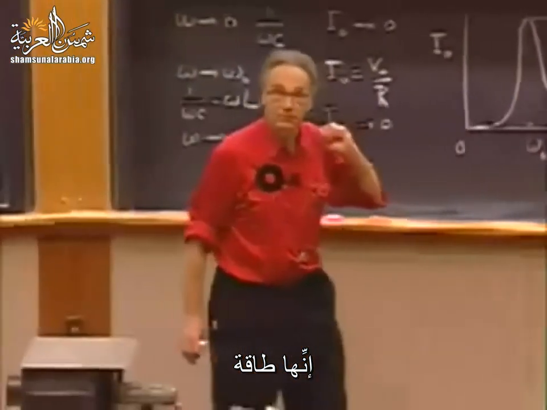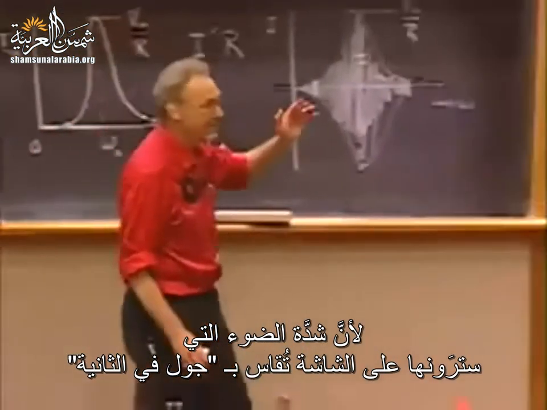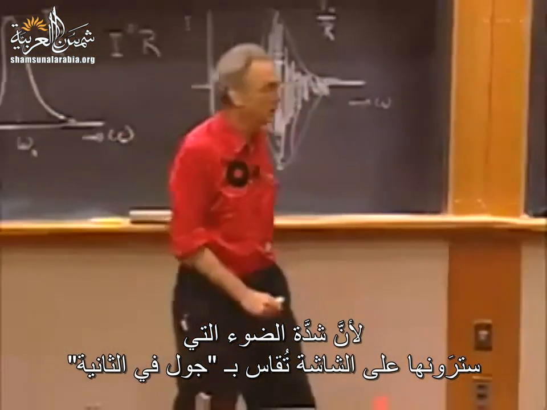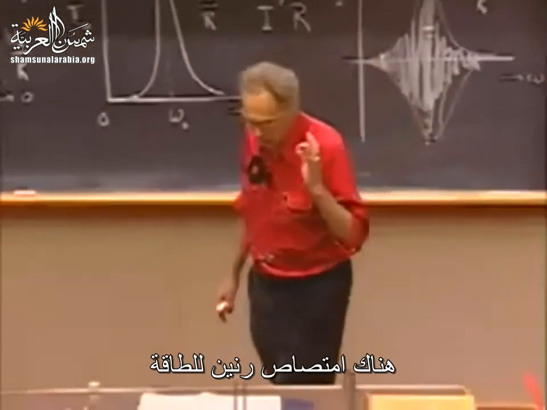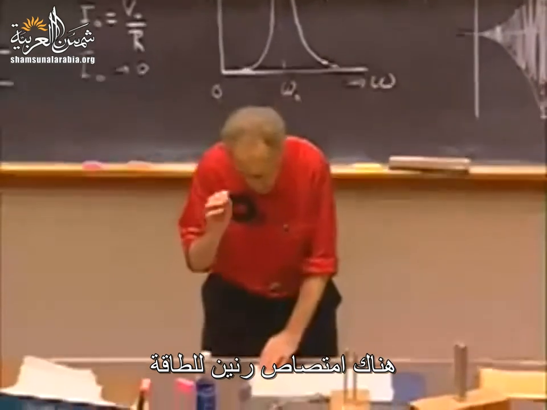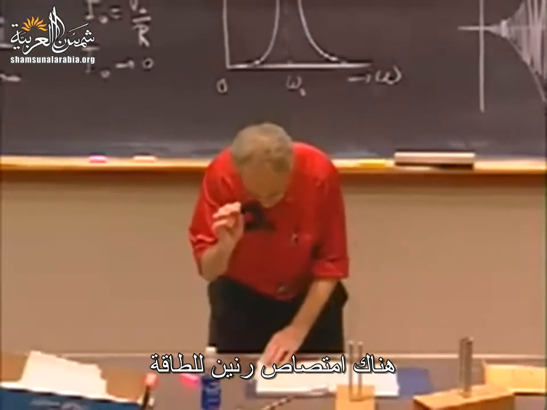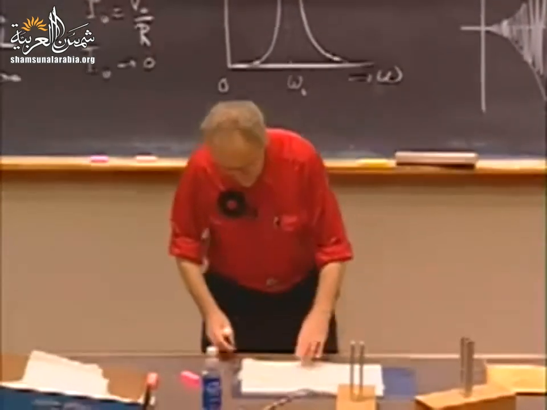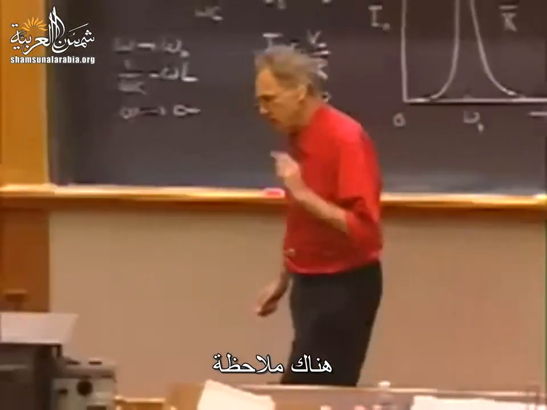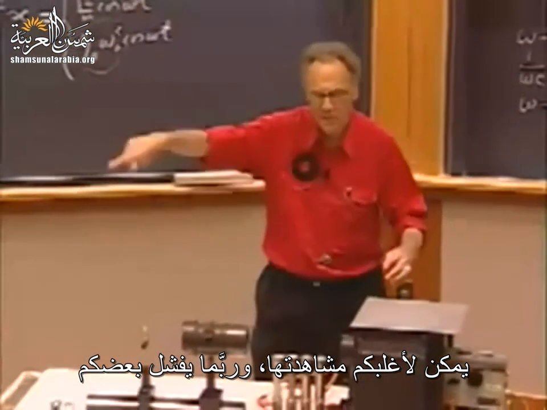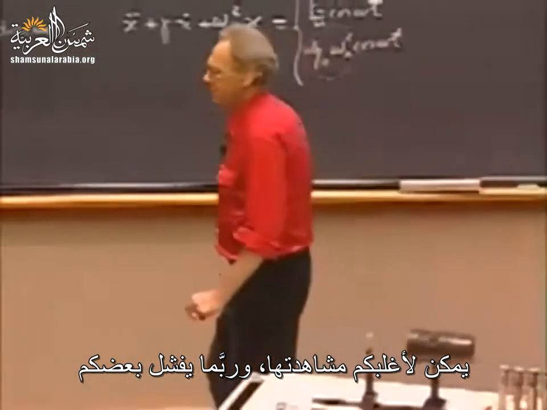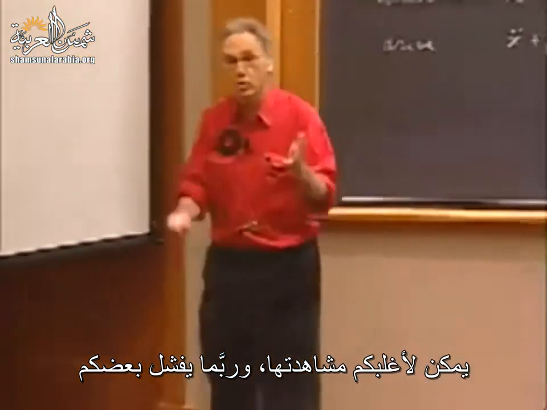It's power, what I'm going to show you, because light intensity, which I will show you there on that screen, is how many joules per second. So it is resonance absorption of power. Now there is a catch. And the catch is that probably only you here will be able to see it. And others could come down.